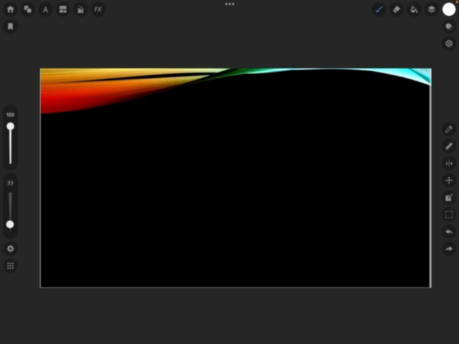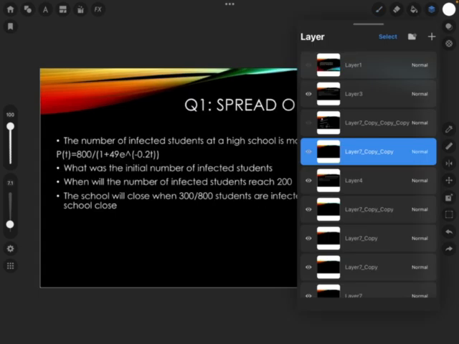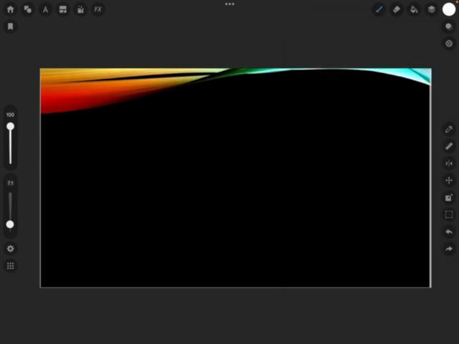So for the next one, we're trying to find when the amount of infected students will reach 200. So we're just going to plug in here. So 200 is equal to 800 over 1 plus 49e to the negative 0.2t. Since we're trying to find the total amount here, we're going to multiply.